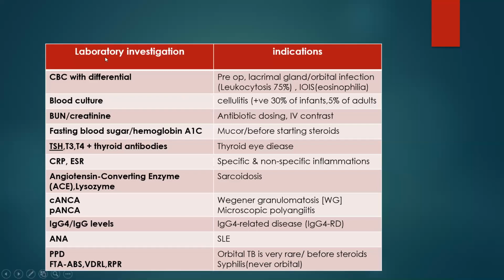In such cases, you have to order most of the investigations, because idiopathic orbital inflammatory syndrome is a diagnosis of exclusion. Also, you can diagnose an IgG4 related disease in cases presenting like idiopathic orbital disease, because there's no difference in presentation.